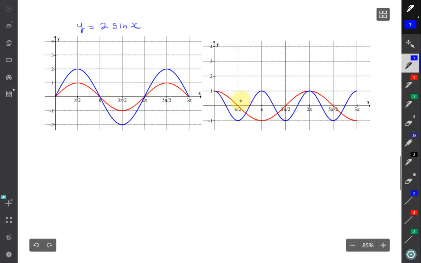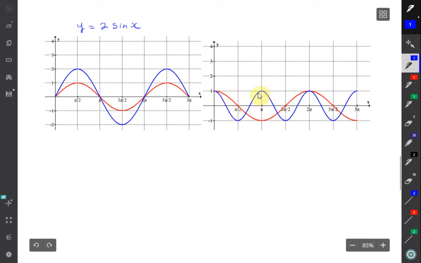And finally, looking at this graph here, once again, the amplitude you can see readily is the same for both of them, and it's 1. They're both cos curves, and they start at a maximum. So the only change here is the fact that there is a k value, or there's a different period. In the original function in red, it's 2 pi, but this function has a period of pi.